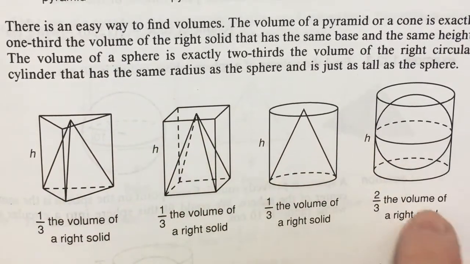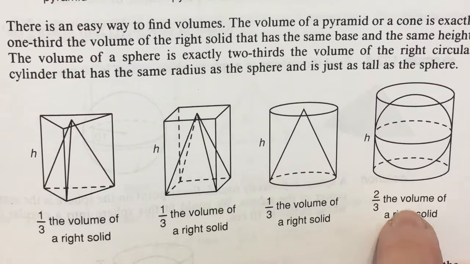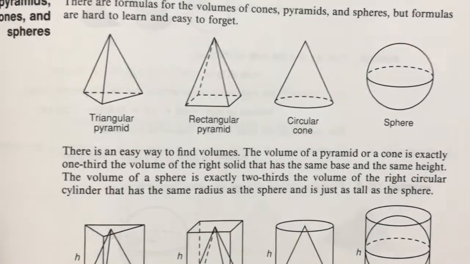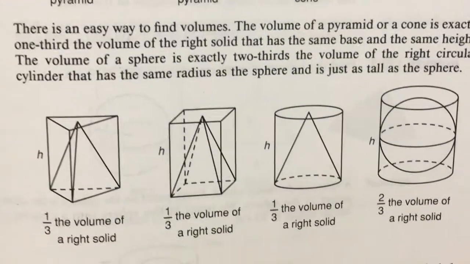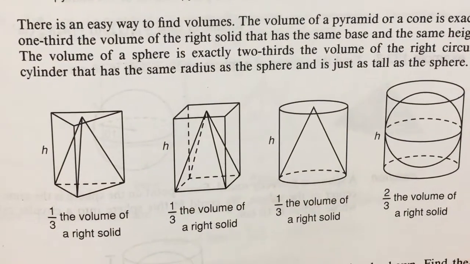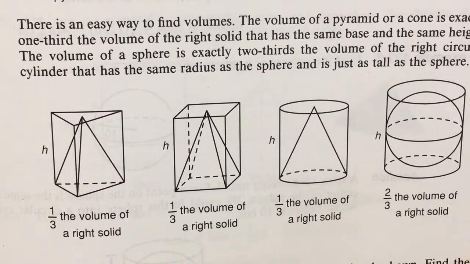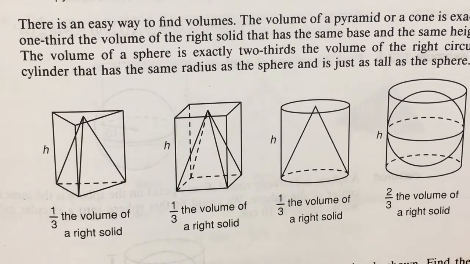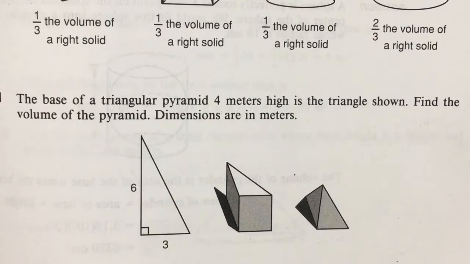So 2/3 the volume of the right cylinder is going to be the volume of the sphere that we see right there. So we can use those as formulas. It's much easier to find the volume of the cylinder and then just take 1/3 or 2/3 depending on what we're looking at. Here is an example problem, example number 1.